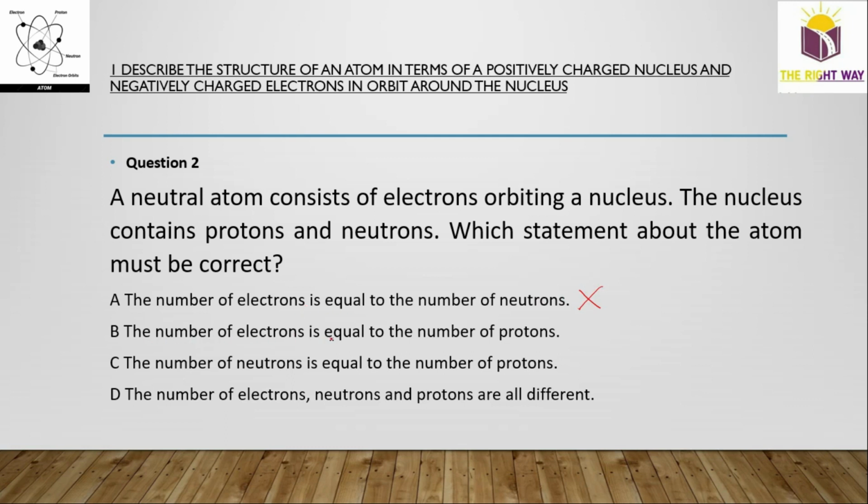The number of electrons is equal to the number of protons. Okay, this is the correct statement. This statement about the atom must be correct because we are considering a neutral atom. A neutral atom has an equal number of protons and electrons.